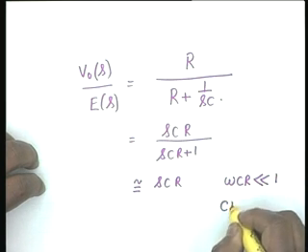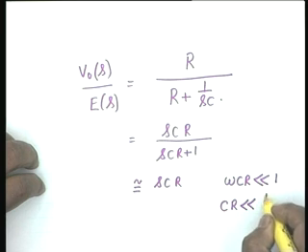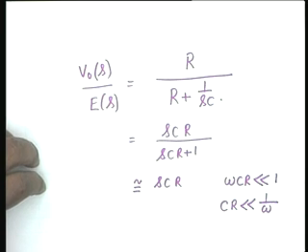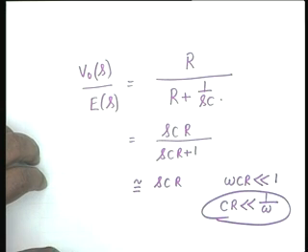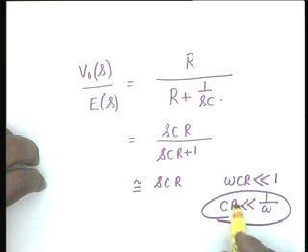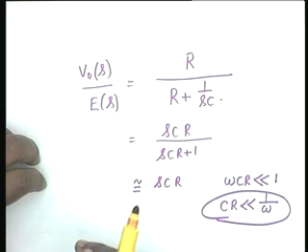In other words, CR should be much less compared to 1 by omega. This condition is more revealing in the frequency domain approach rather than the time domain approach. The time constant CR should be much less compared to the reciprocal of twice pi times the frequency in hertz.